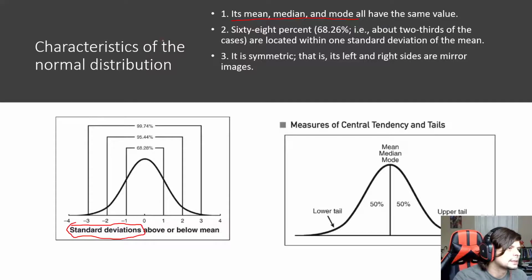So back to this, 68%, or about 2/3 of the cases, are located within one standard deviation of the mean. So here is 68% right here, and this box represents 68% of all people in our height example. In other words, 68% of people are probably between the heights of 5'5" and 5'10", or maybe even 5'11", right?